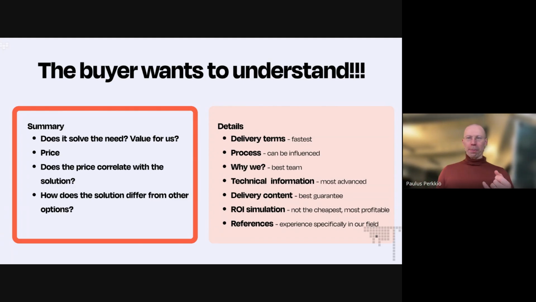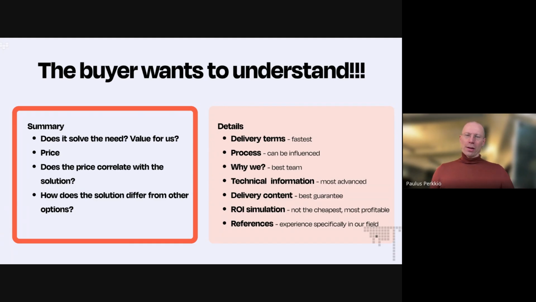Delivery terms. Are you maybe the fastest one? Process. The customer can influence what they will get. Why use your company? Because you have the best team, technical information, you are the most advanced.